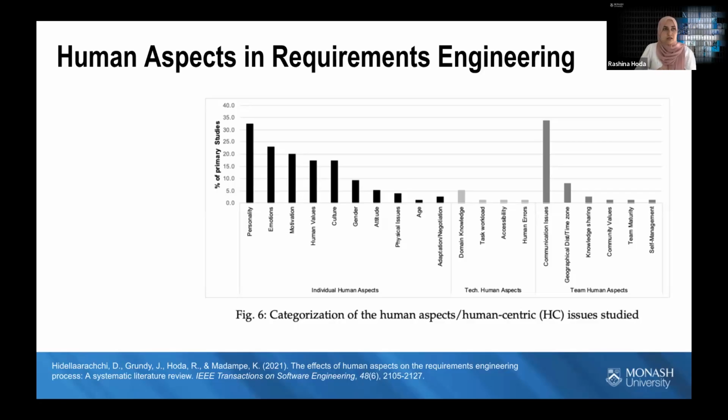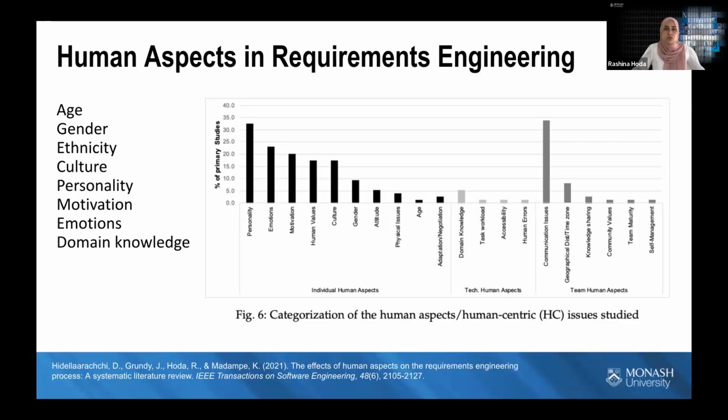So human aspects, as the term suggests, are all of these traits that make you human, but also help differentiate one human from the other, right? So things like your age, gender, ethnicity, culture, personality, motivation, your emotions, your domain knowledge, your values that you hold, and so on. So all of these are what we call human aspects.